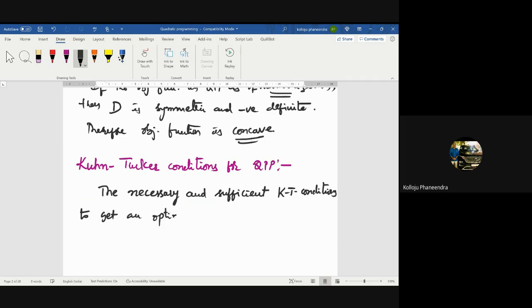The necessary and sufficient KT conditions to get an optimal solution. Optimal solution means maximum or minimum. Optimal solution to the maximization quadratic programming problem, subject to linear constraints, are derived as follows.